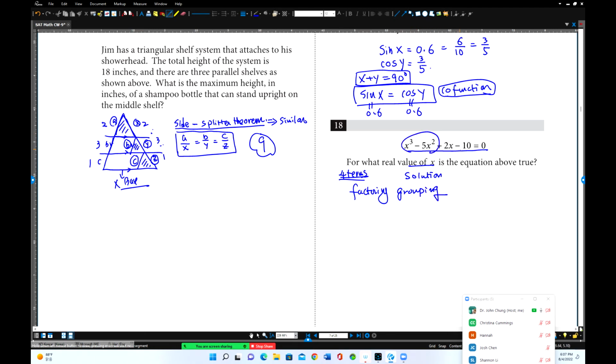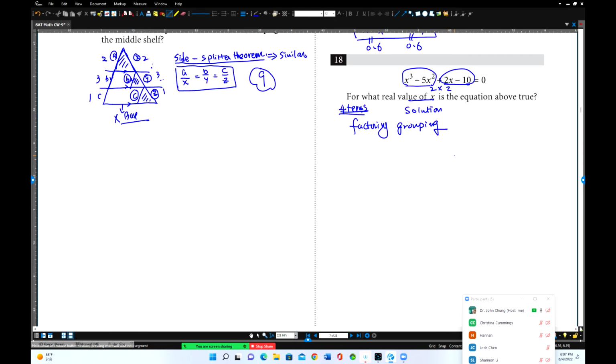Usually first two and last two, but not always first two and last two, okay? Sometimes they can switch. But usually on the SAT, they give first two, last two. That is a 2 by 2 grouping. Only on the SAT, okay? So these two and the other two, you're going to do grouping factoring.